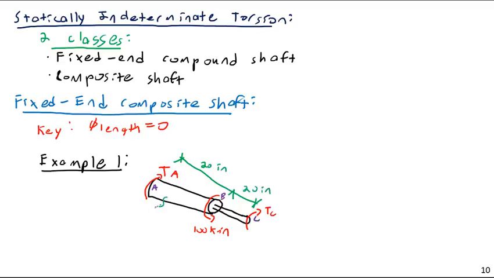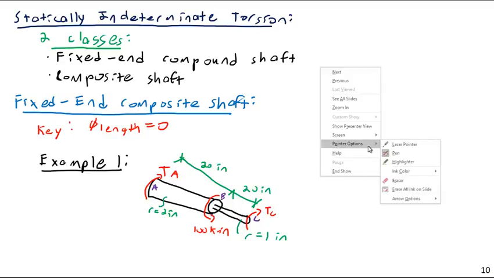The R for this piece is going to be 2 inches, and the R for this piece is going to be 1 inch. We would also need to be given some material properties as well.